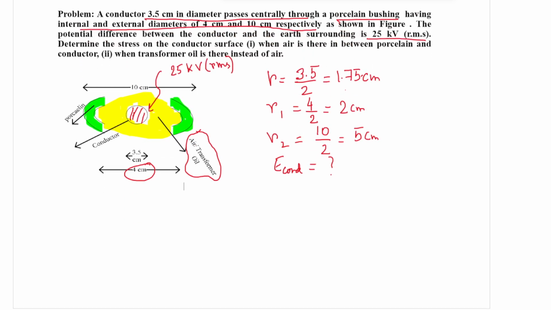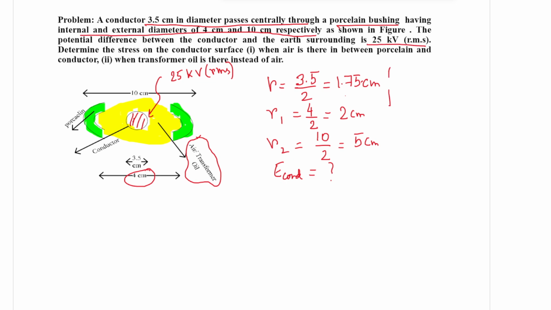Now I must mention here that epsilon R1, your first dielectric medium, is either transformer oil or air.